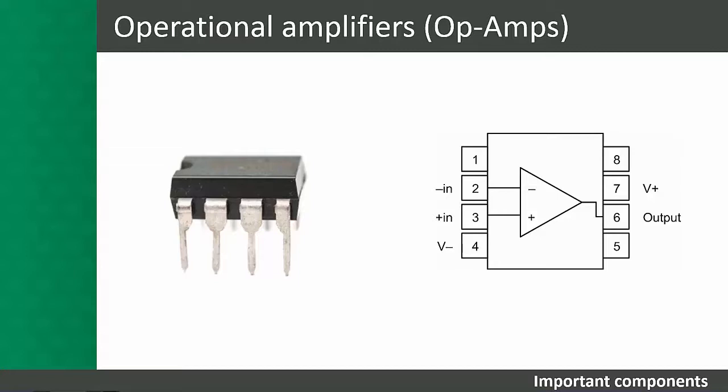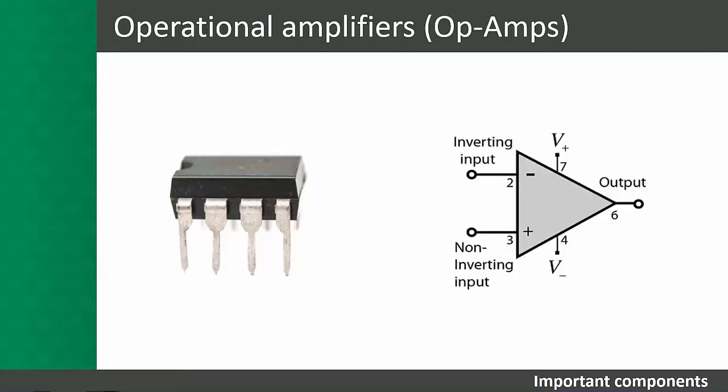name of operational amplifier. These amplifiers are three-terminal devices which consist of two high-impedance inputs. One of the inputs is called the inverting input, marked with a negative or minus sign. The other input is called the non-inverting input, marked with a positive or plus sign.